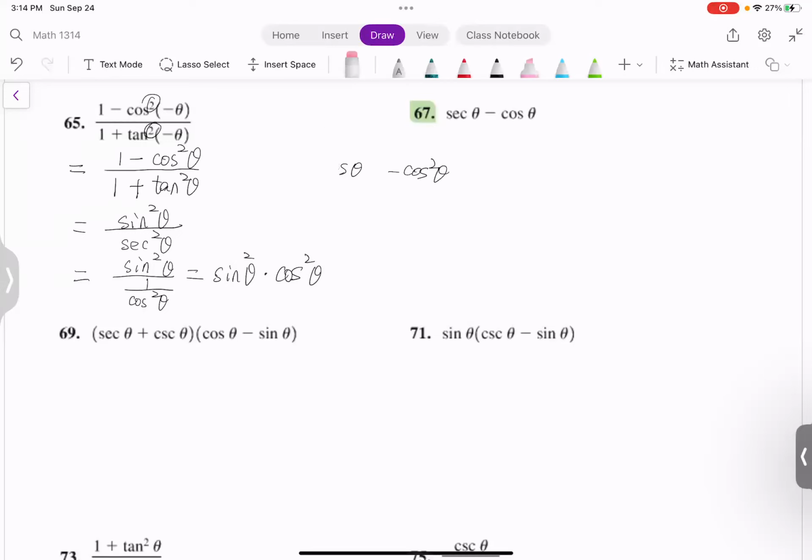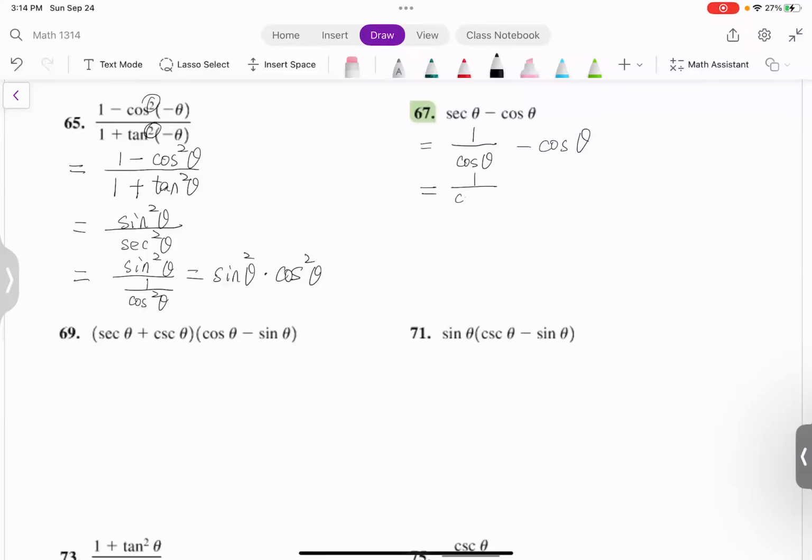Okay, let's see the next example. Secant theta minus cosine theta. If I want to combine these two, they must be like terms, but they are not. We can convert the secant to sine and cosine. Secant theta equals 1 over cosine theta, minus cosine theta. If I want to combine a fraction and an integer, they must have the same denominator.